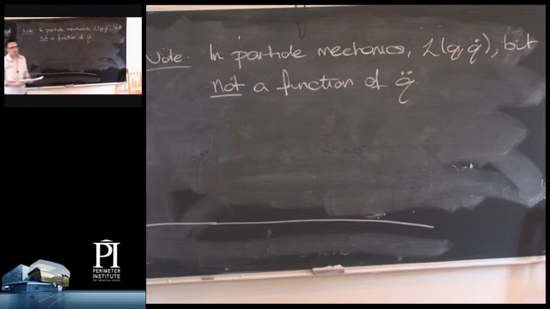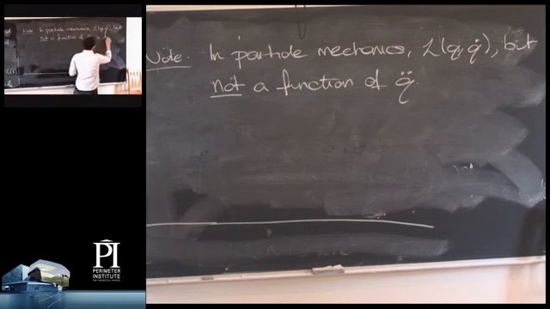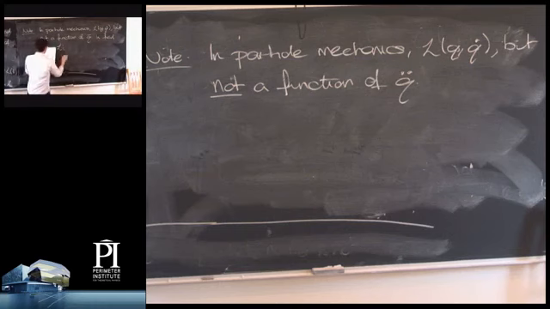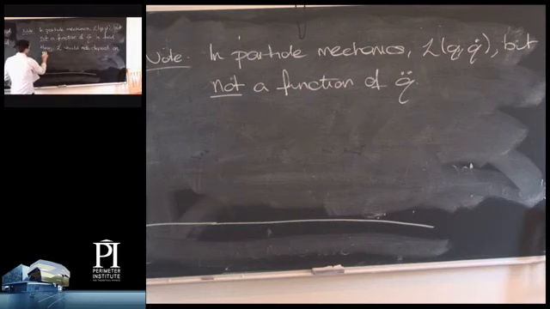The whole framework of Lagrangians, as we first learn it, requires that it's only a function of q and q dot. So in field theory, L is a function of phi dot. Actually, let me write this in words. It should not depend on phi double dot.